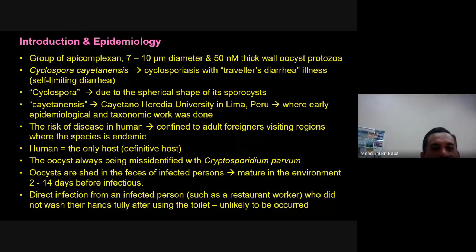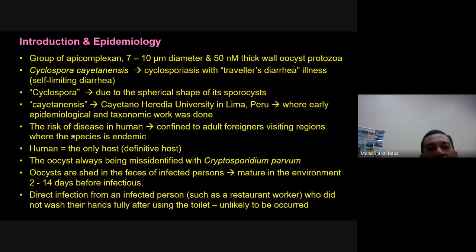berbentuk spherical, manakala the species cayetanensis adalah diambil daripada nama sebuah universiti okay, Cayetano Heredia University di Lima, Peru, where early epidemiological and taxonomy studies was done towards this protozoa.